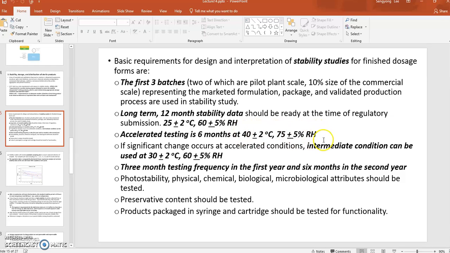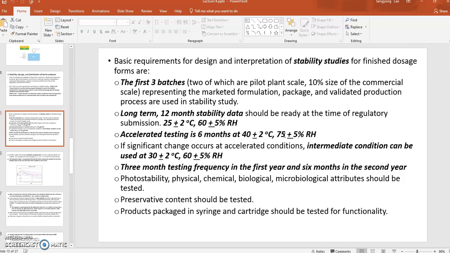If you expose your drug under that much higher, more challenging condition, then you can do that in a half-year period. That's considered accelerated testing. But not many drugs can go through 40-degree temperature at the higher humidity. It depends. If your drug can withstand that, you could try that. But if not, you cannot.